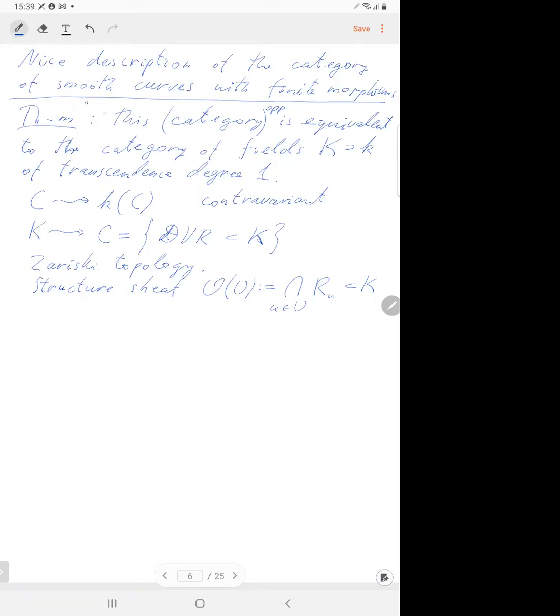Maybe let me take this was 1A. This was 1B, and another claim: any smooth curve S with the same field of fractions.